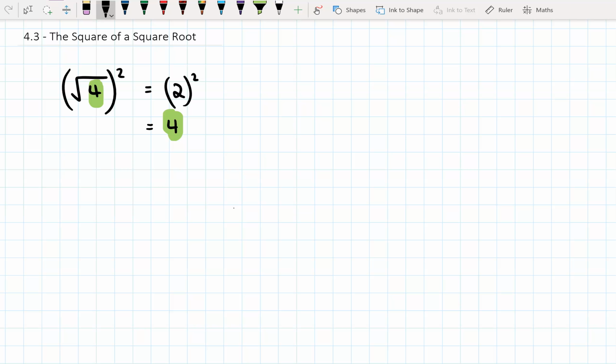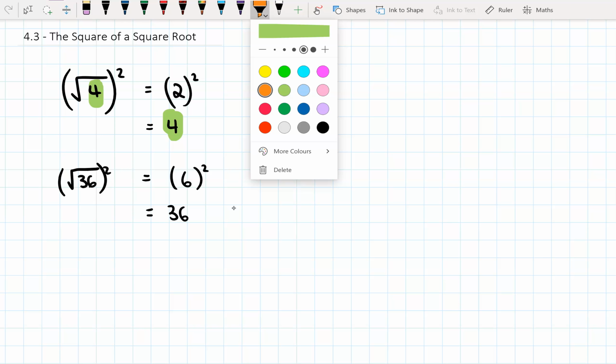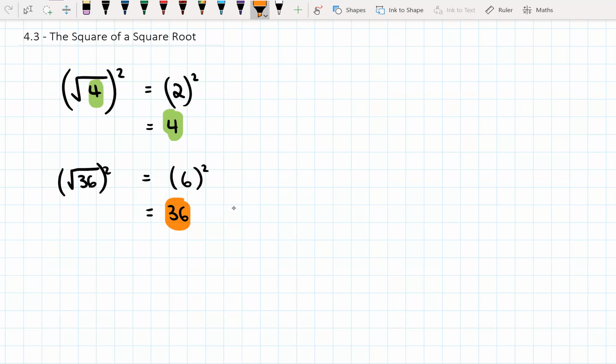Let's try this again. Let's look at the square root of 36, and we're going to square it. Firstly, the square root of 36 is 6, so we have 6 squared. 6 squared is 36, and surprisingly enough, that 36 matches the number we started with.